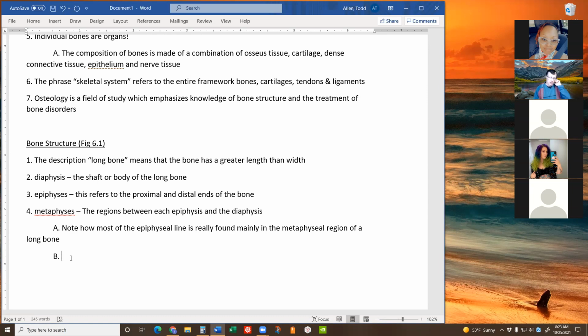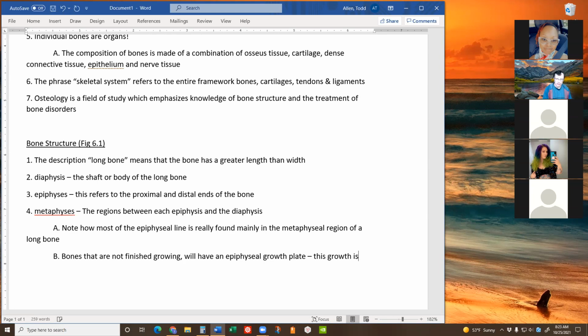I'll try to be very precise in what I'm saying here. Bones that are not finished growing will have an epiphyseal growth plate.